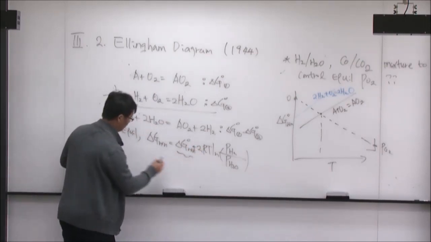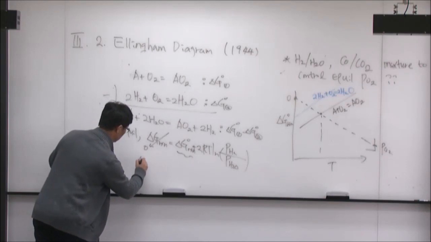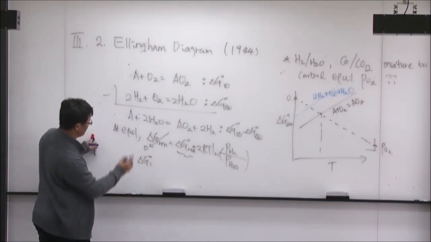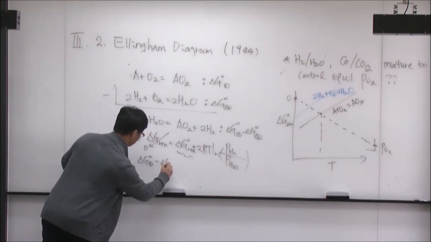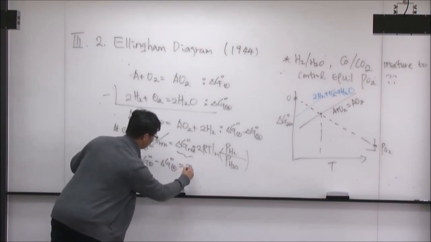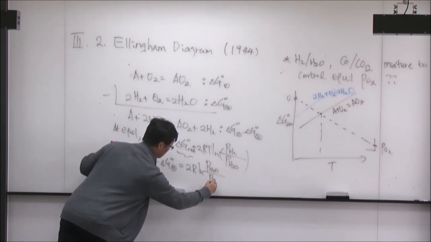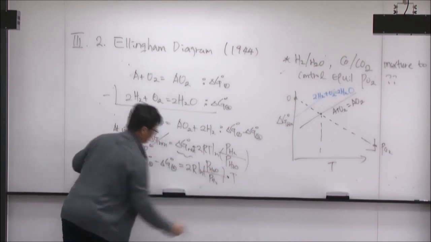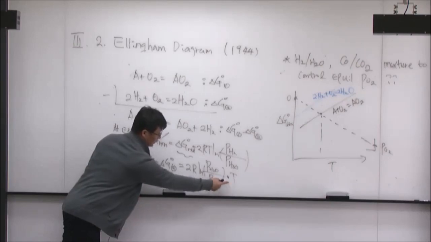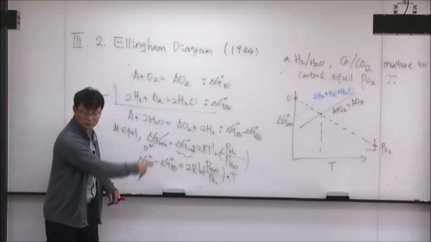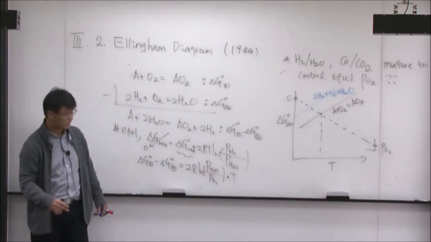Okay, this value here, at equilibrium condition this is 0, then this delta G naught 1, yeah, delta G naught 1 minus delta G naught 2 equals 2R ln pH2O over pH2, T. Is it okay? So if I have a given temperature, if I know these two values from the thermodynamic table or graph, I can calculate what this partial pressure is. Yeah.